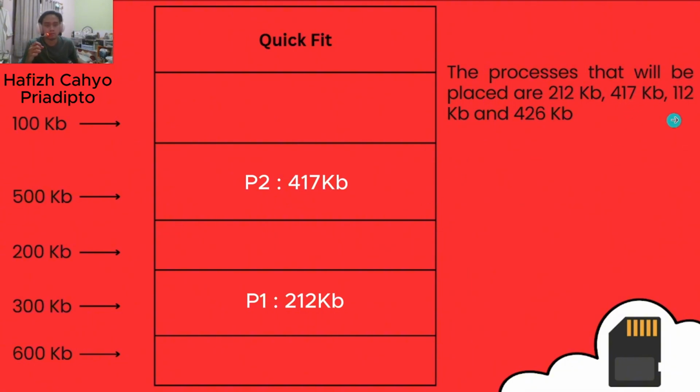And process 3 will enter the third column, same as before, because there is a little gap.